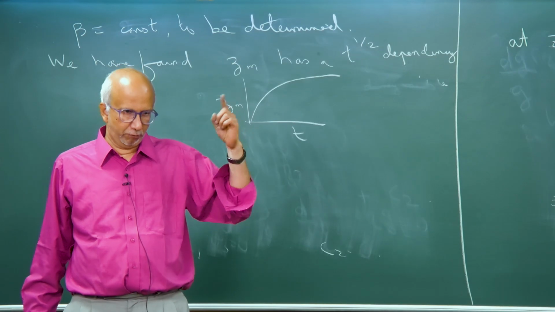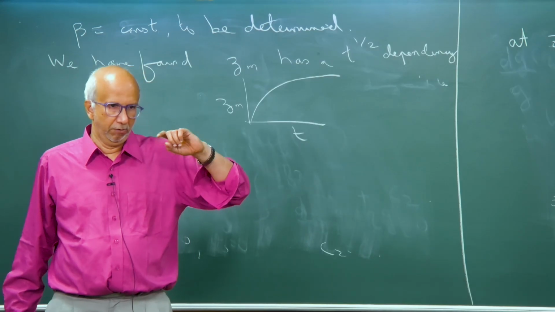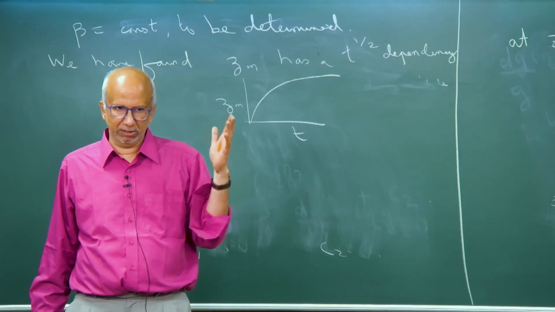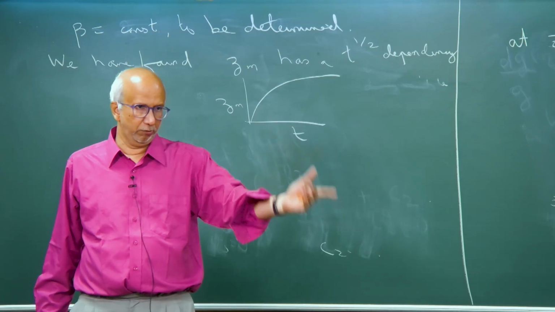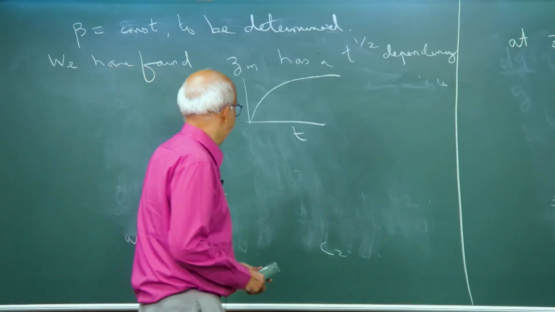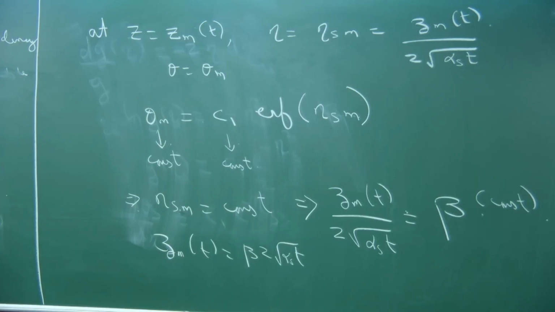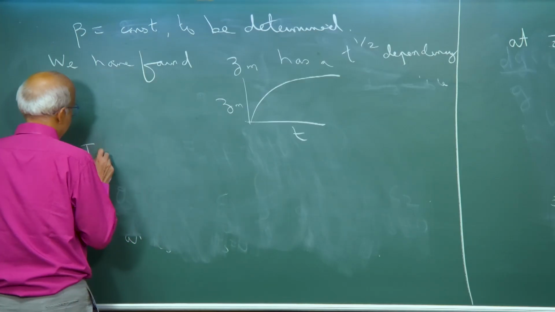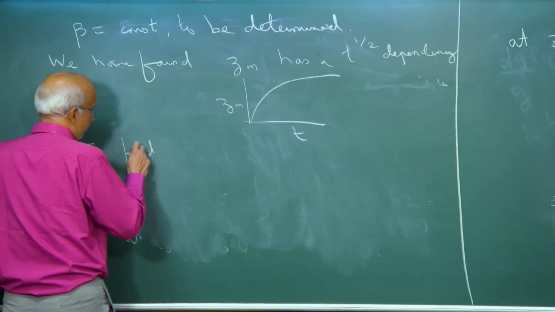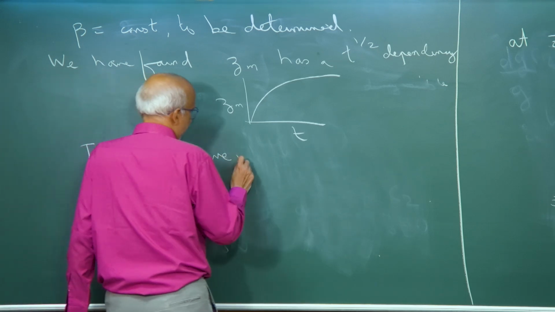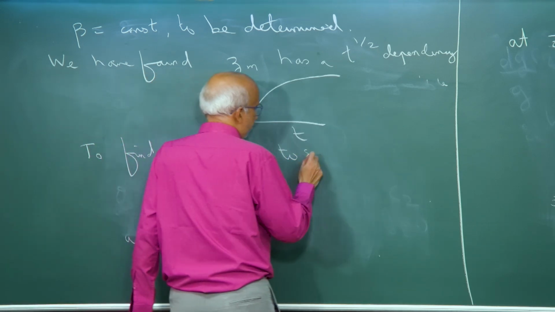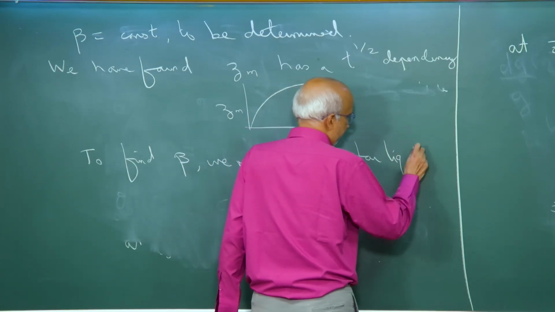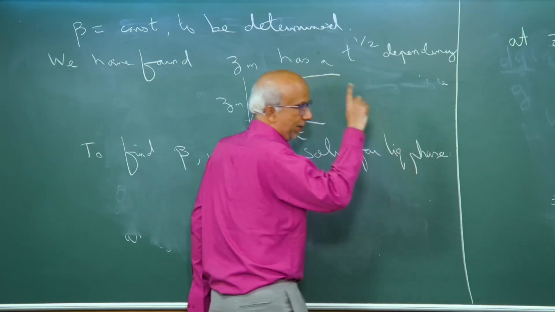So, for that I will do some more work, which is finding out what the solution is in the liquid phase. I have solved what it is in the solid phase. Now, I have to find out what it is in the liquid phase. So, to find beta, we need to solve for the liquid phase, the upper phase.